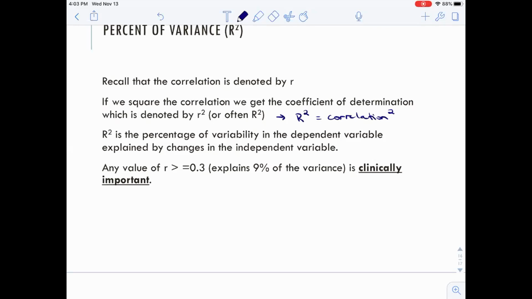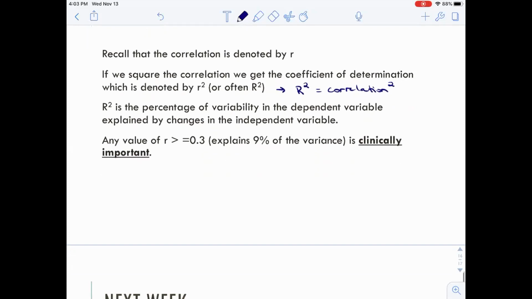What that means is that X, our independent variable, is explaining roughly 9% of the variance, because if you do 0.3 squared, you're going to get 9%. I'll do that here.